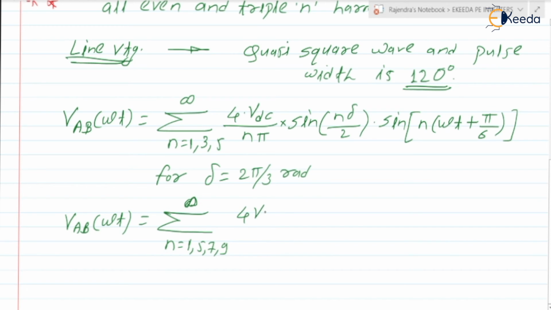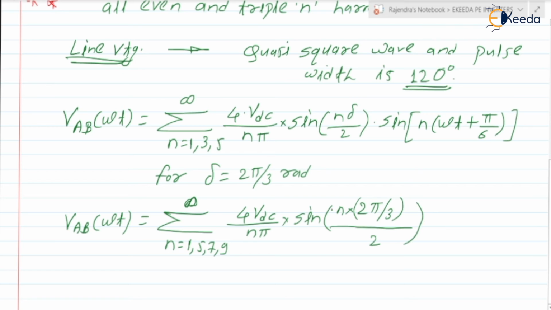So it is 4 VDC divided by n pi into sine of n into delta. Either we can write it in terms of radian or in degree, but here I have written it in radian, so I am going to write this delta in radian. So it is into 2 pi by 3, divided by 2.